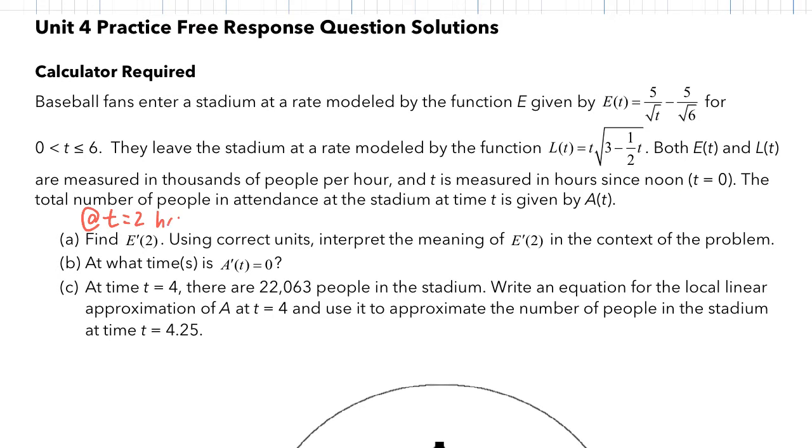So 2 hours since noon, or actually I would probably just say at 2 p.m., comma, and then here I would put in context the y variable is increasing or decreasing by something with units, by that rate, or at a rate of.